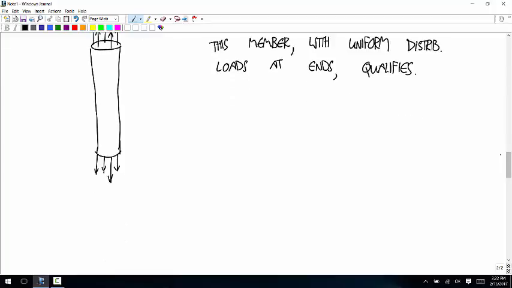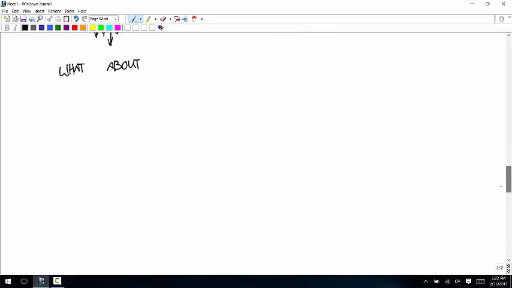What about this? So let's say we have that same object, and instead of a uniform distributed load, we have a single point force like that, and a single point force like that.